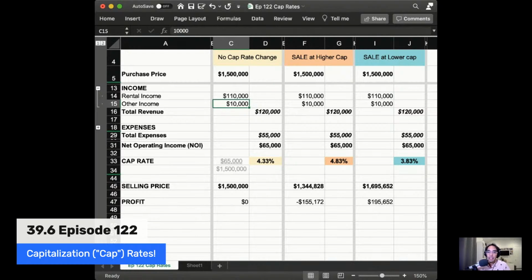If something is selling at a 10% rate and another's at 4%, well, there's a reason why that 10% one is being sold so cheap, right? If you buy a new property that's like a 2015 build and you buy a 1960 property that's 60 years old, they're not likely going to have the same cap rates. Okay, so that cap rate, market driven, is baked into the risk of the asset itself, right?